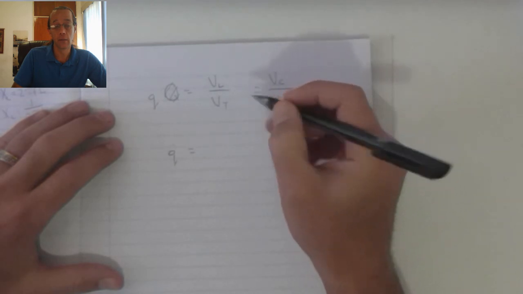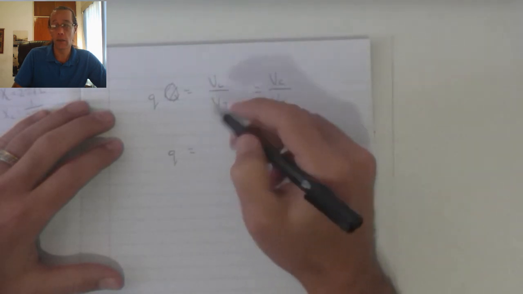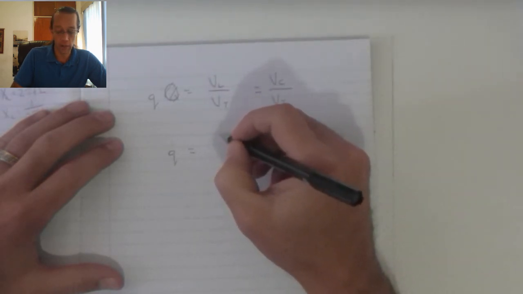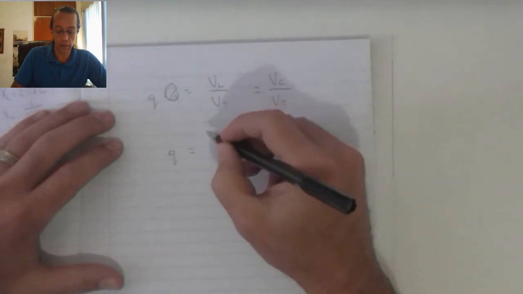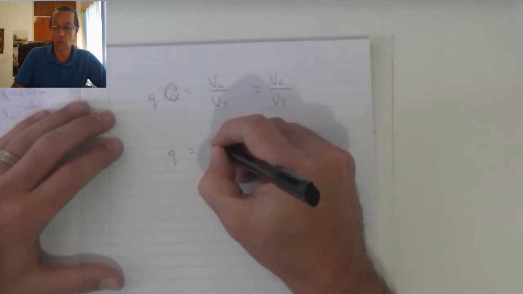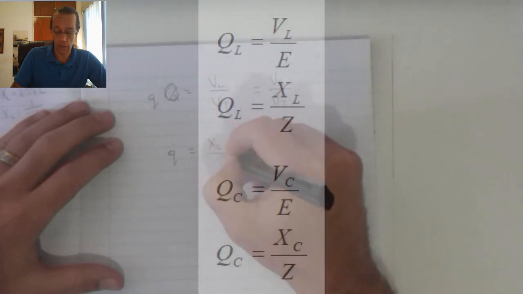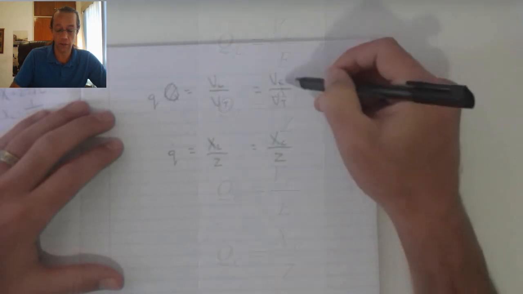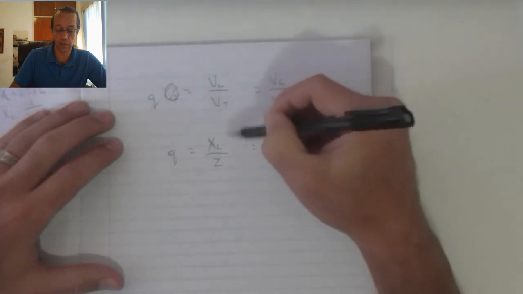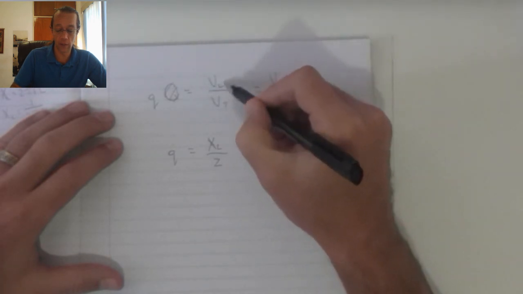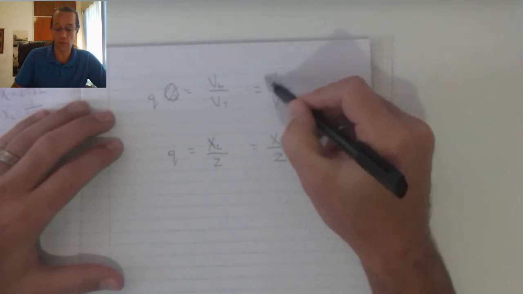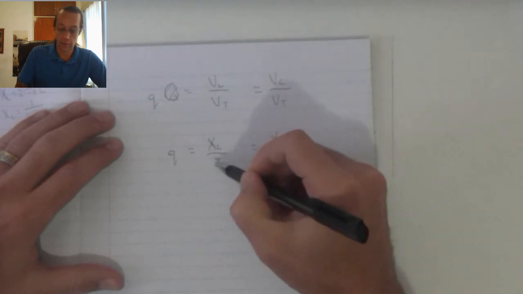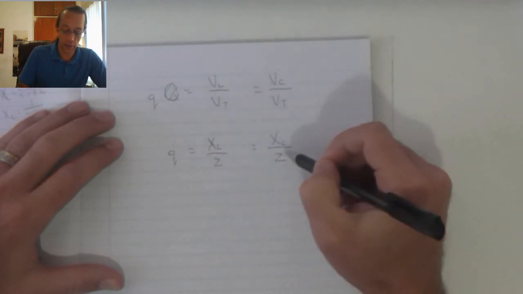If I don't have my voltage values, I can use my reactance or my ohmic values. That'll be XL divided by Z or XC divided by Z. So we see in both cases we've got our inductive or capacitive values divided by our total values.